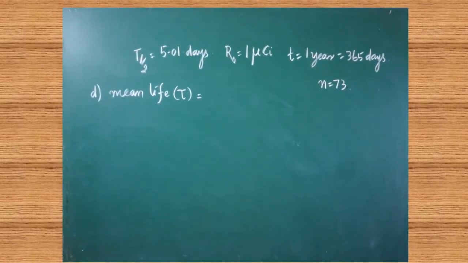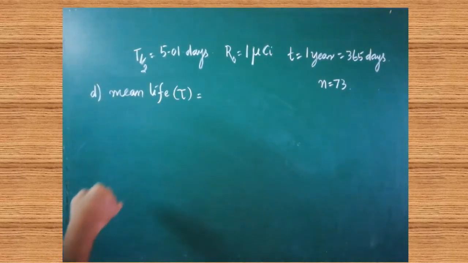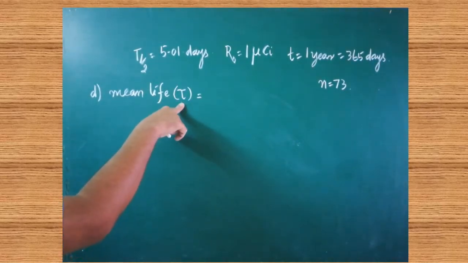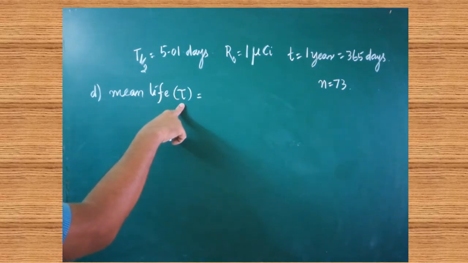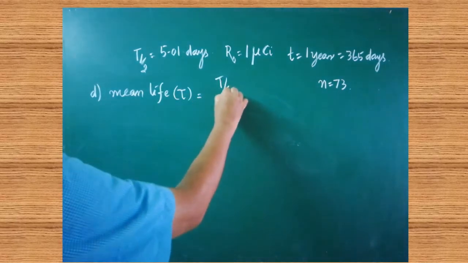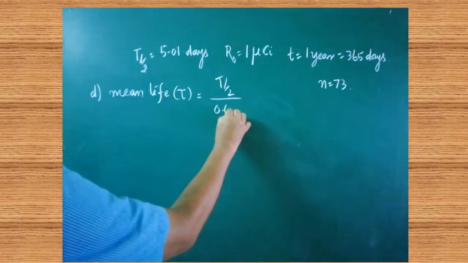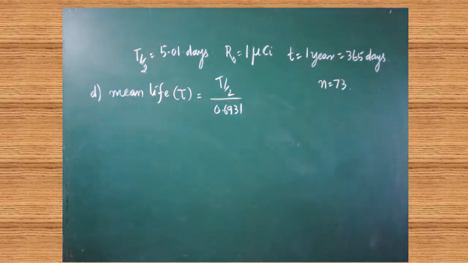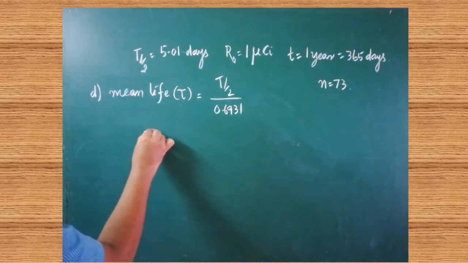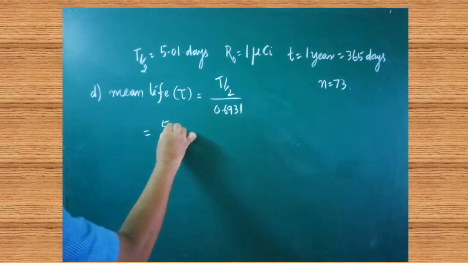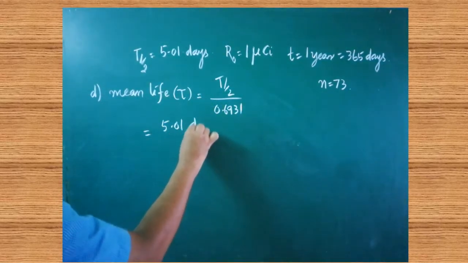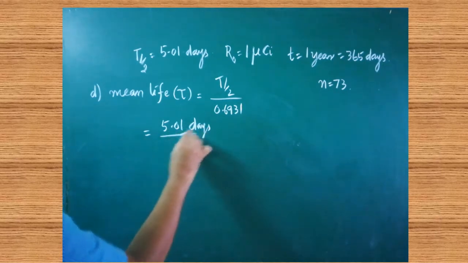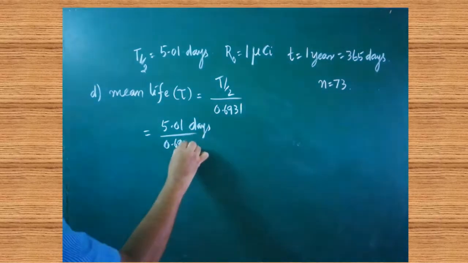The next factor to be found out is mean life. What is the formula to calculate the mean life? Mean life is represented by the letter tau. The formula is T half divided by 0.6931. This is the formula to calculate the mean life. Now substitute the respective values. 5.01 days divided by 0.6931.